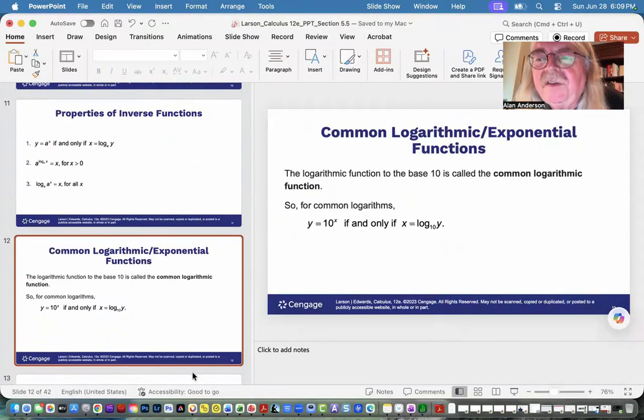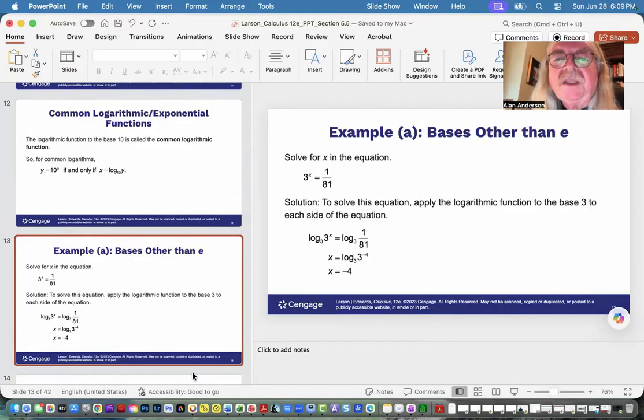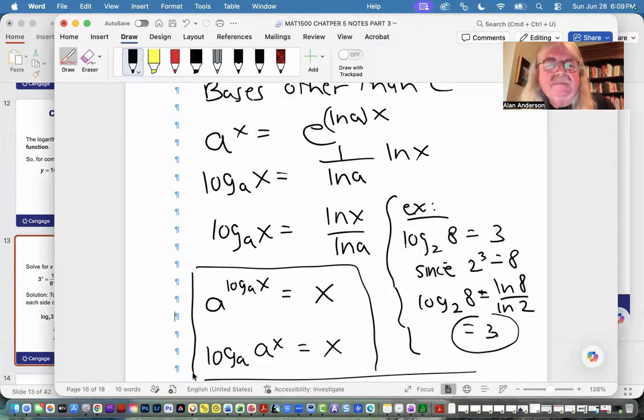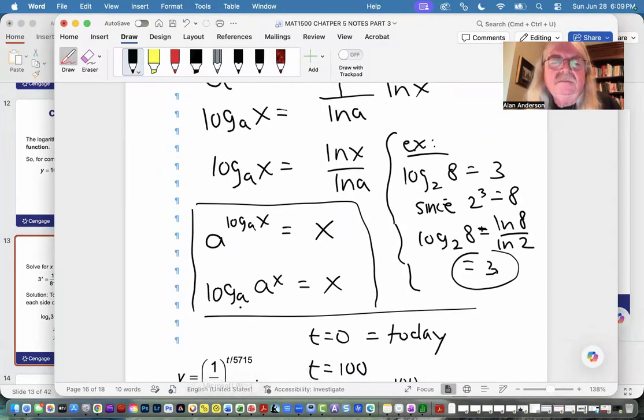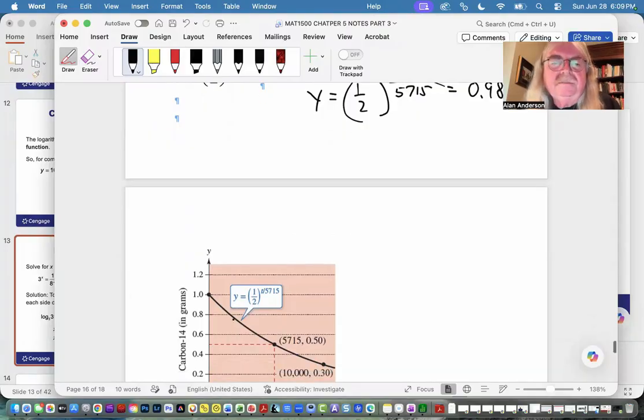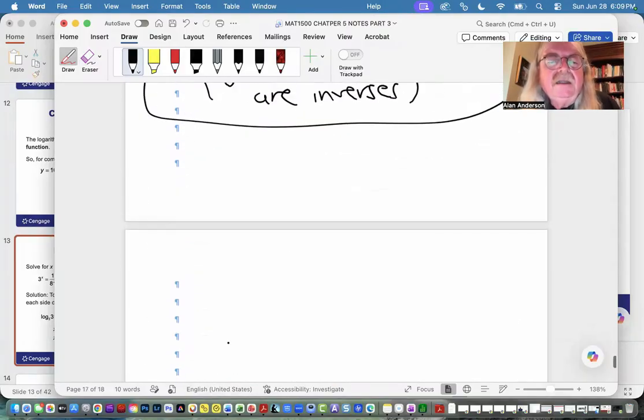Don't forget, by the way, if you weren't aware of it, log base 10 is often called a common log. That's what you would have used in high school science classes. So a could be 10, and that means these are common logs, and the rules would be exactly the same. Here's an interesting question. 3 to the x equals 1 over 81. What do we do now? All right, so clearly there we need to solve for x.